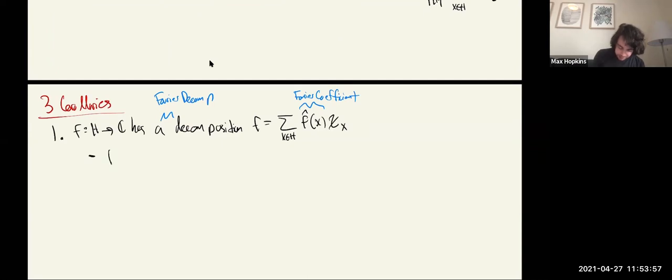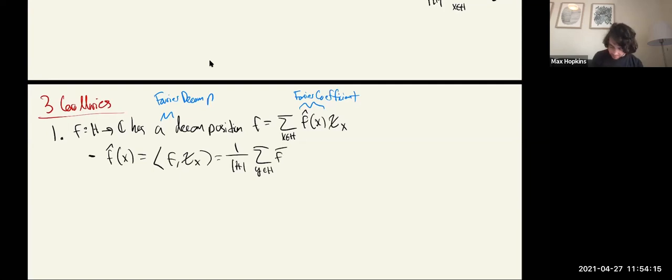So in particular, this F hat of X is just equal to the inner product of F with chi X, which by our definition of the inner product is 1 over |H| times the sum over Y in H of F bar of Y chi X of Y. This is basically immediate from orthonormality and being a basis.